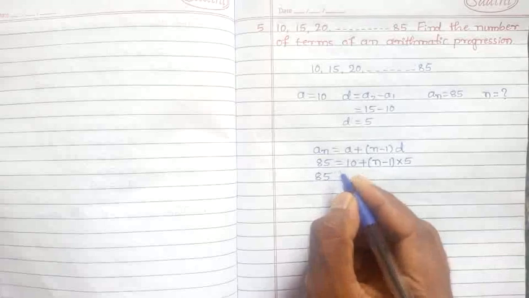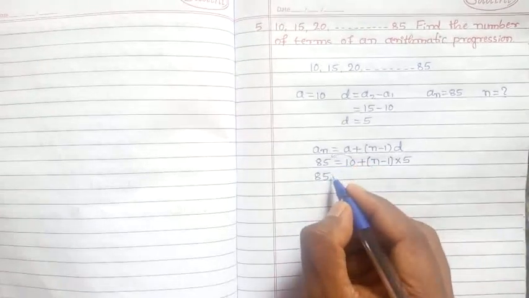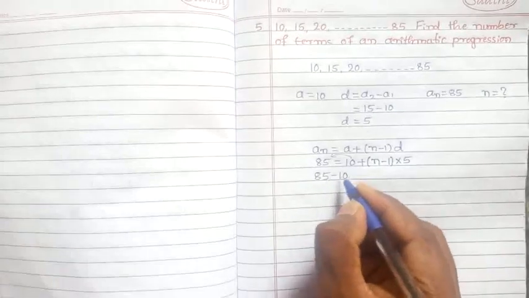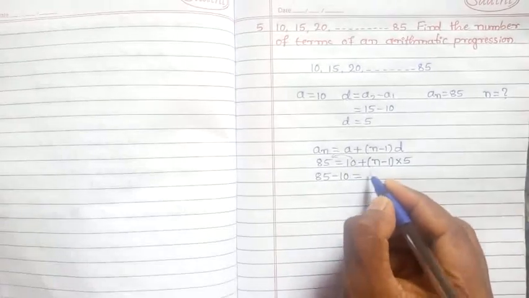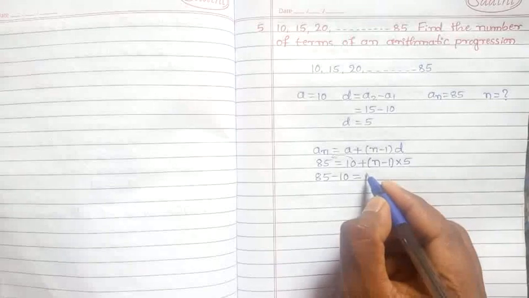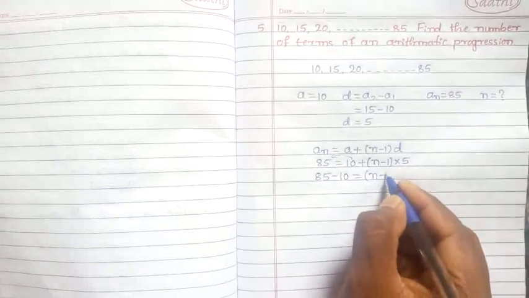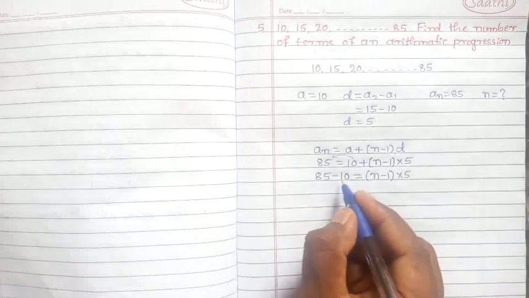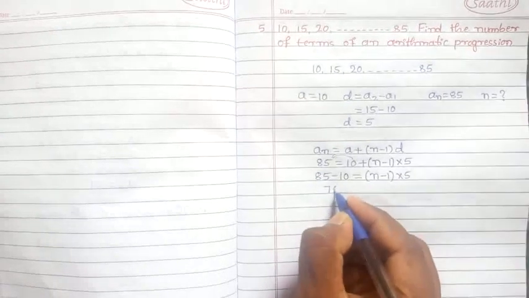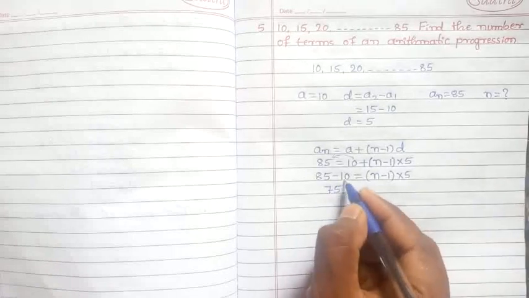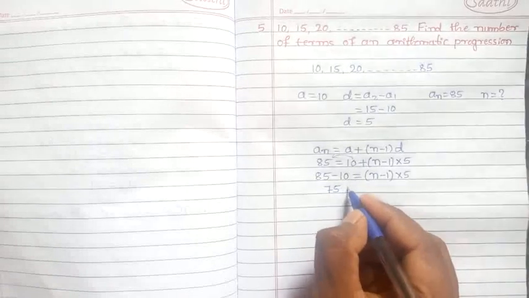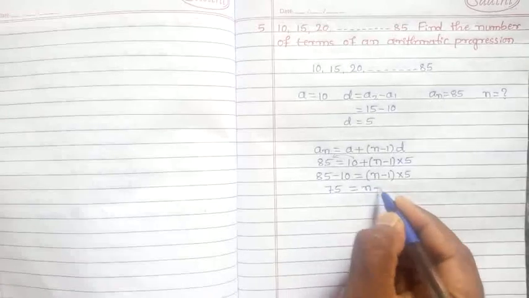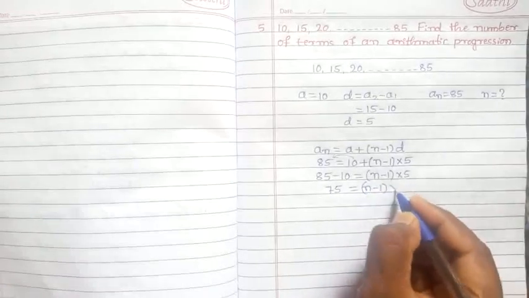Next, send plus 10 this side, plus 10 becomes minus 10. 85 minus 10 is equal to n minus 1 into 5. Then 85 minus 10 is 75, equal to n minus 1 into 5.